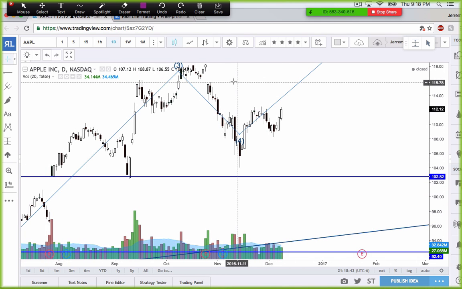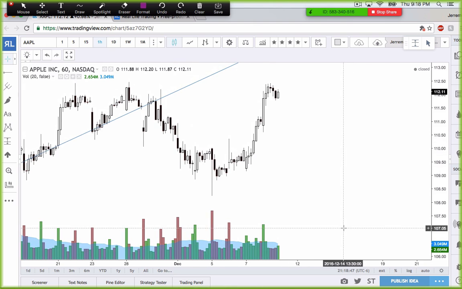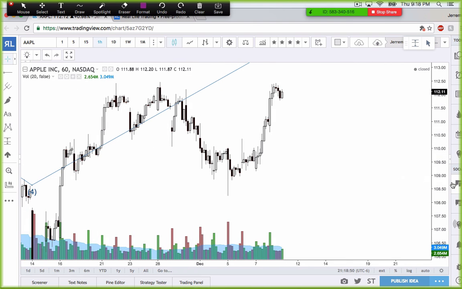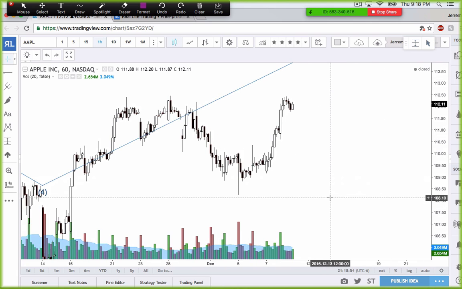But now let's go ahead and look into the hourly time frame, and let's see if we can look at some other patterns, and let's see, do we see a double bottom on Apple right now? Yeah. It's not pretty, but you can see one, right?